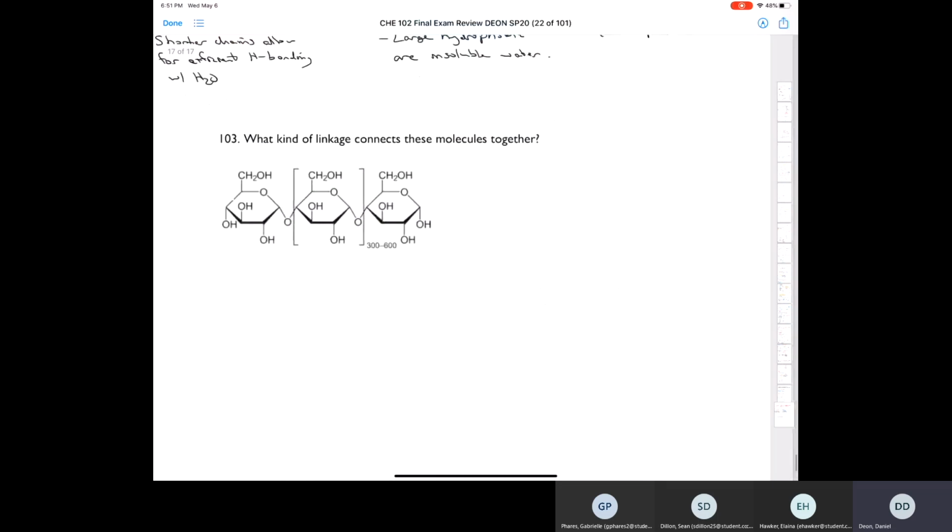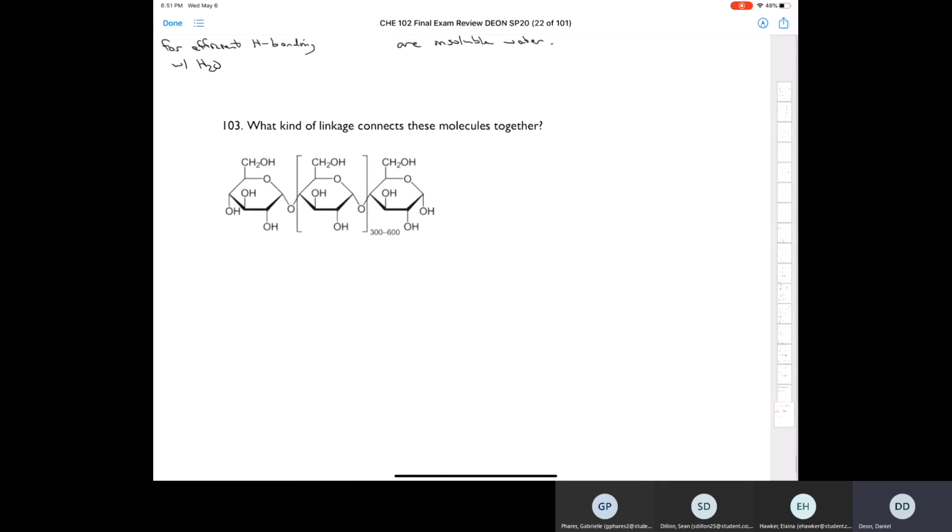Okay, let's take a look at this. What kind of linkage connects these molecules together? Who could help me out with this? And don't say glycosidic. I need specific. Go ahead, sorry. So would this be an alpha or a beta linkage?